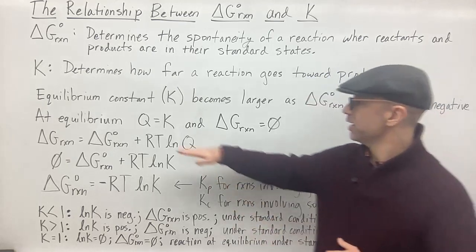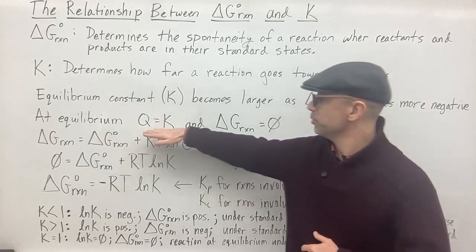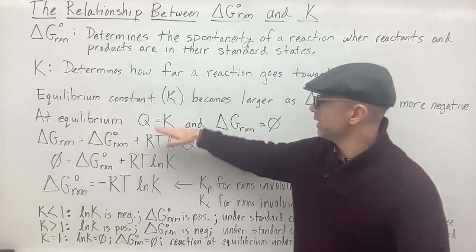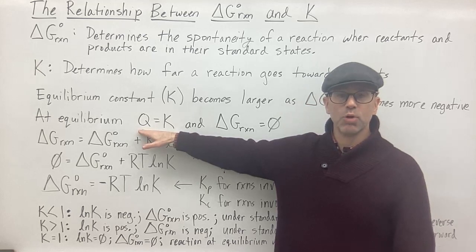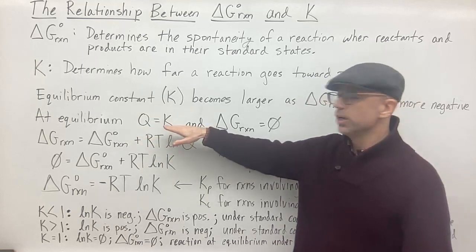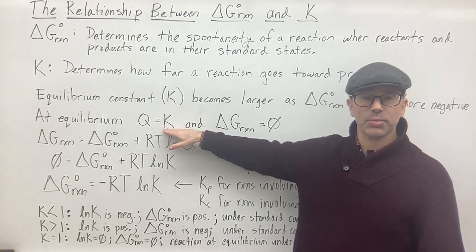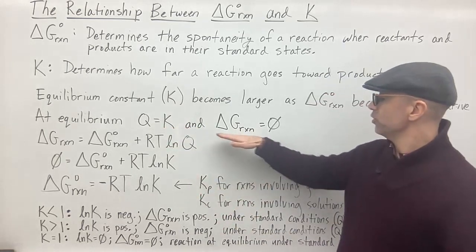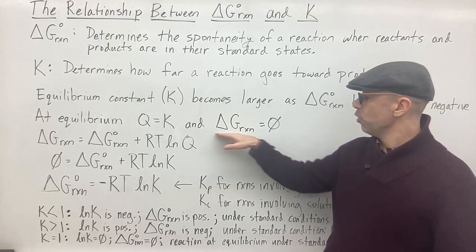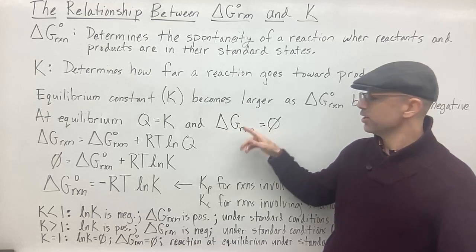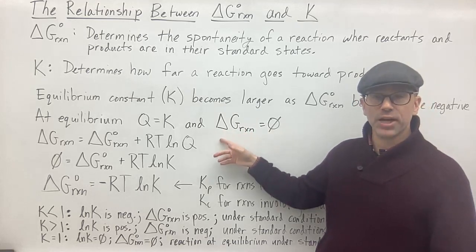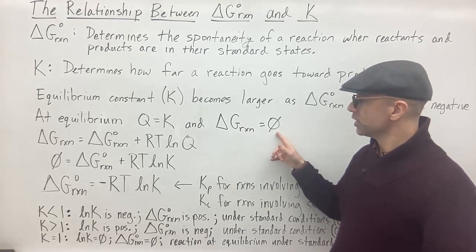So if we take the point at equilibrium, we know that the reaction quotient is equal to the equilibrium constant. And we also know that at equilibrium, your non-standard change in the free energy of a reaction is going to be equal to zero.